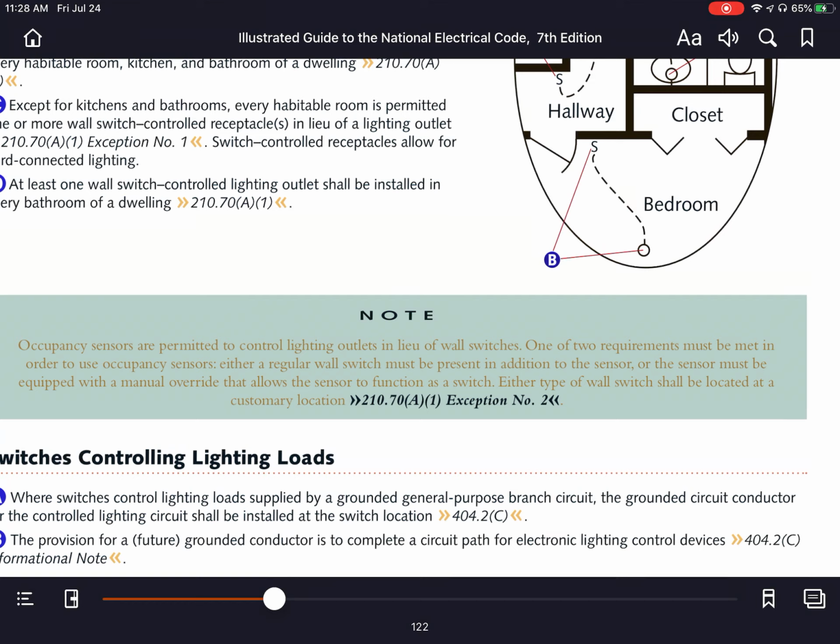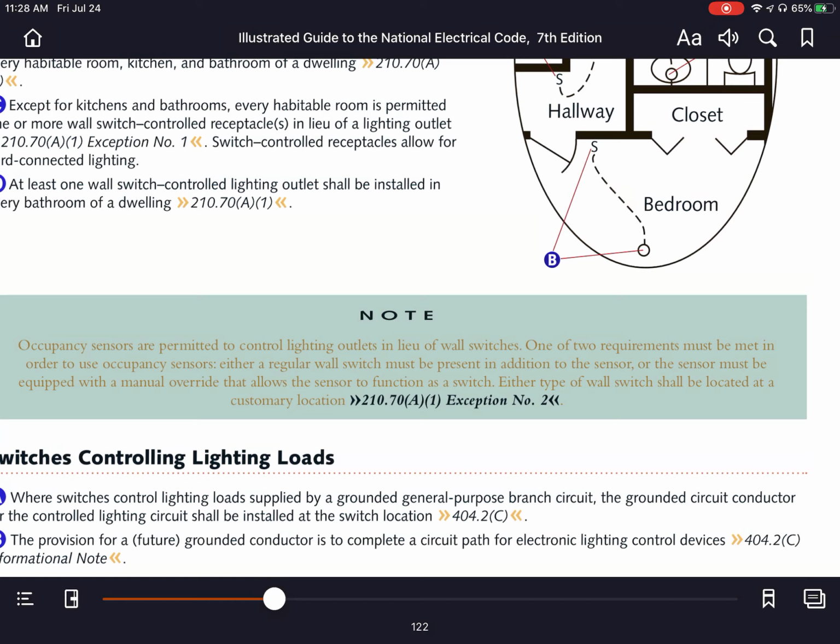Now, this is the reason why we need neutrals at switch locations, because now people are using occupancy sensors. So back in the day, when electricians first started putting these things in, they were connecting to the grounding conductor and things like that, which is a hazardous situation, because now you're using a grounding conductor as a return on a circuit. So now you're putting a current on a ground conductor.